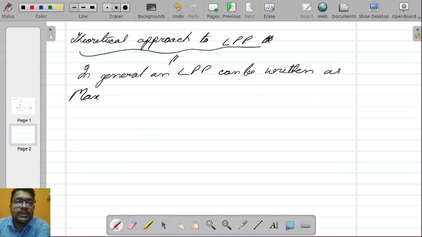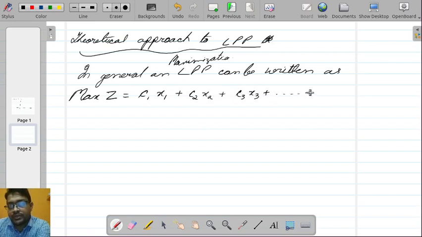A maximization LPP can be written as: maximize z equal to c1 x1 plus c2 x2 plus c3 x3, and so on up to cn xn, where x1, x2, up to xn are the variables, subject to some constraints.